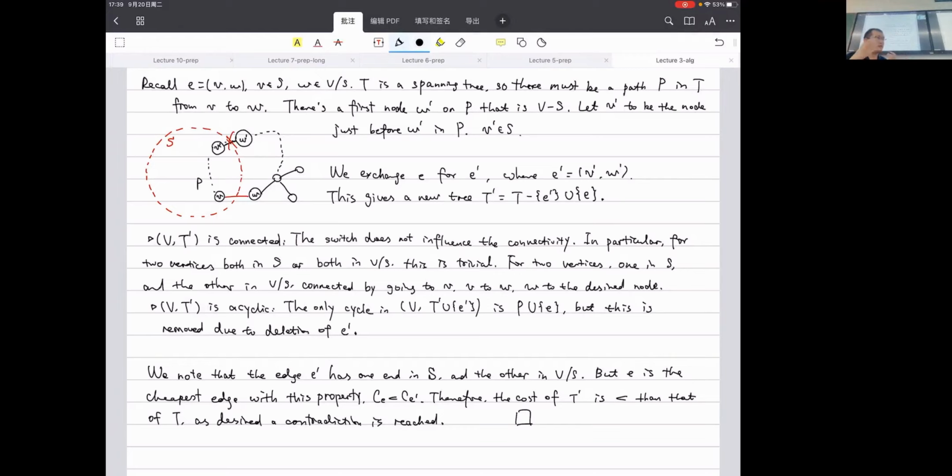In this proof we utilize this connectivity for the part S and the part V over S, and we consider all the edges between S and V over S, and the edge with the smallest cost should be contained here.